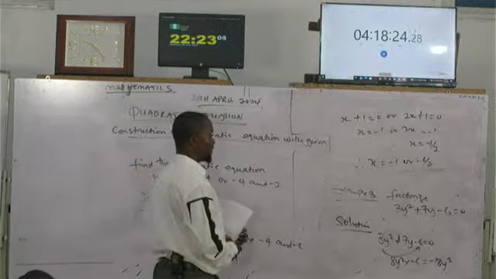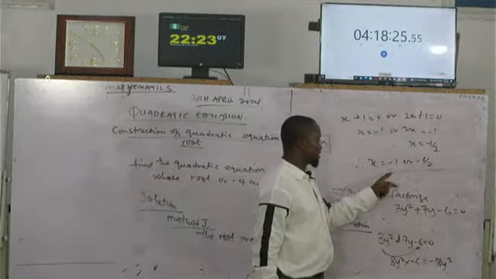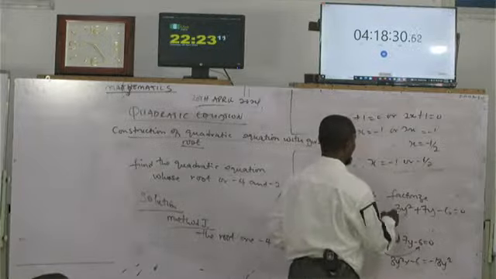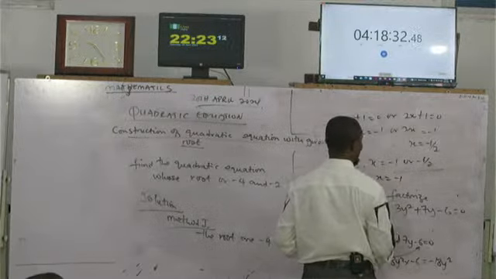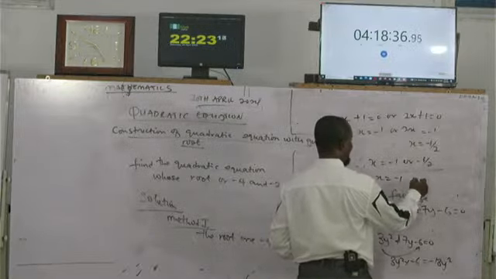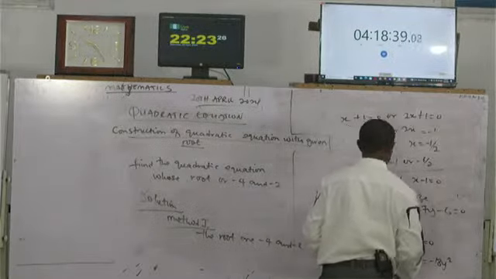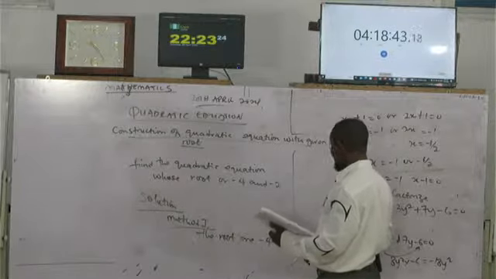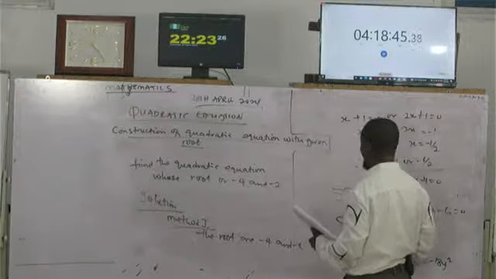When we have this, they say the roots are this and this. What does it mean? It means that x equals minus 1, and if x equals minus 1, it means that x plus 1 equals 0.